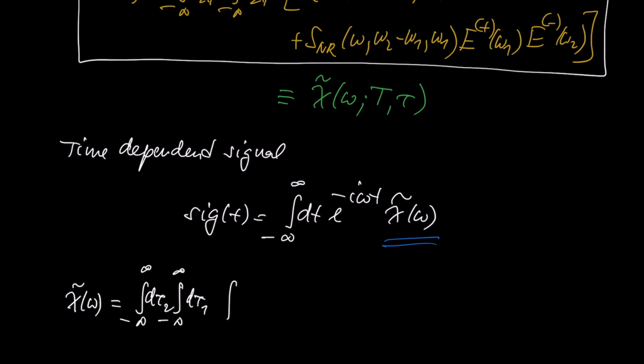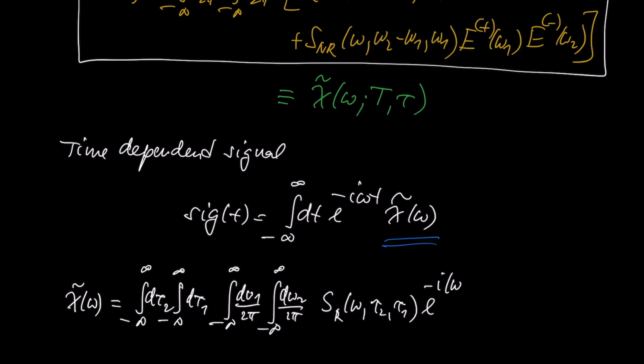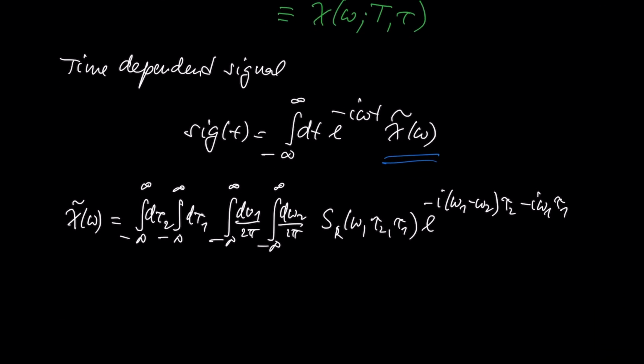Here we have the original integration over omega 1, omega 2. So it's going to be S R omega tau 2 tau 1, but e to the power of minus I omega 1 minus omega 2 tau 2 and minus I omega 1 tau 1. So this together makes the Fourier transforms in the second and the third argument of the response function.